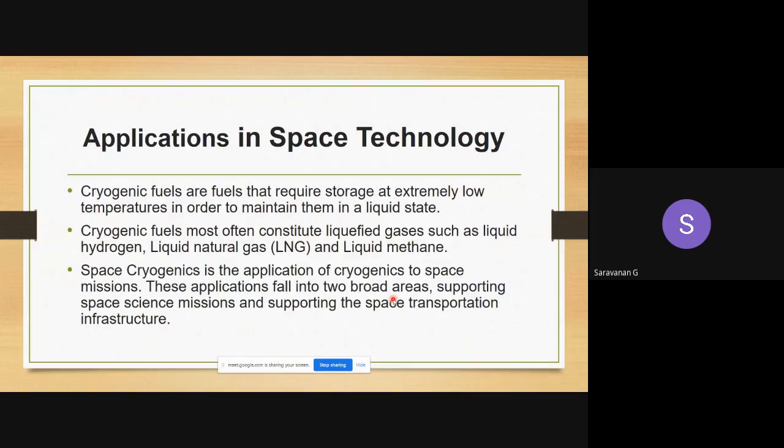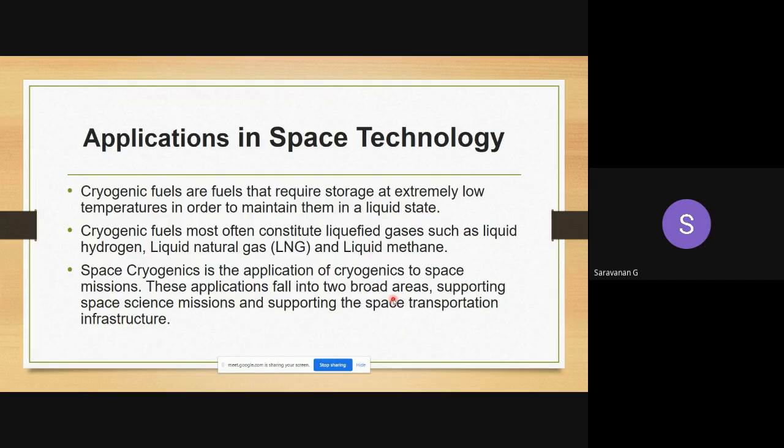We have to maintain extremely low temperature to keep them in the liquid state. They can be generated from the distillation of air or gases, in a gas separation plant or air distillation plant. From the distillation plant, it will be liquefied, purified, and processed. After that, we get the cryogenic fuel in the form of cryogenic liquid. So the very important part is the extremely low temperature needed to maintain them in the liquid state.